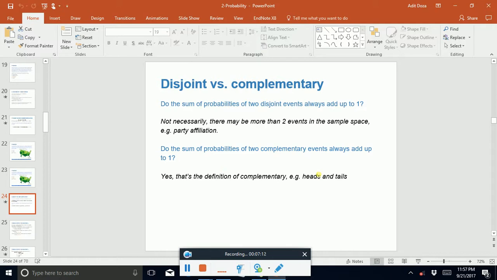So when it's two complementary events like head and tail, the probability would always sum up to 1, right? But for disjoint, not necessarily, because some people have different preferences, like some people support Republican as well as Green Party, some people only support Democrat, some people Democrat and Green Party, or something like that, right?